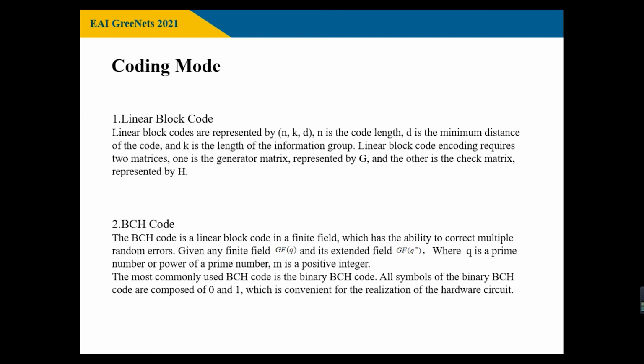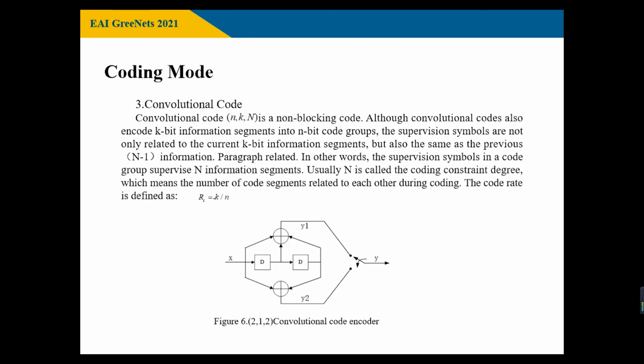And the second is BCH code. The BCH code is a linear block code in a finite field, which has the ability to correct multiple random errors. The third is convolutional code.